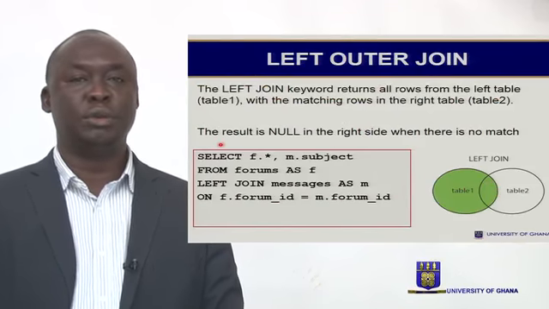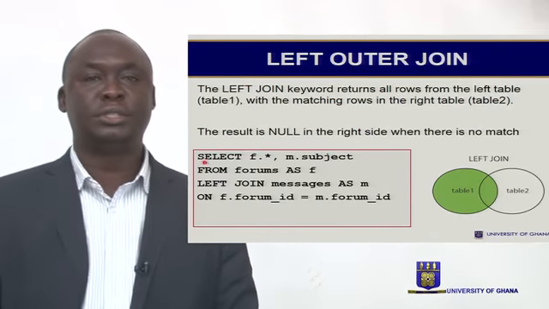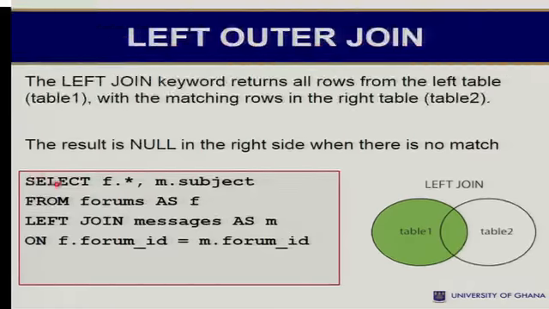So if you look at the example here, select f.*, m.subject from the table forums as F, left join messages as M on f.forumID equals m.forumID.